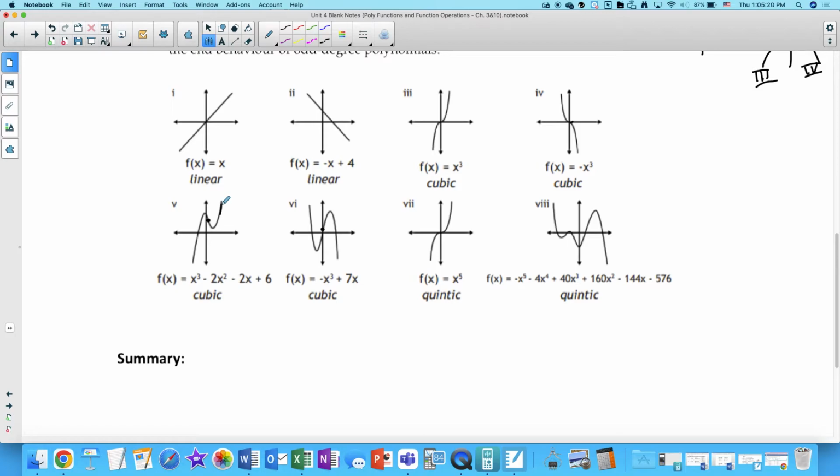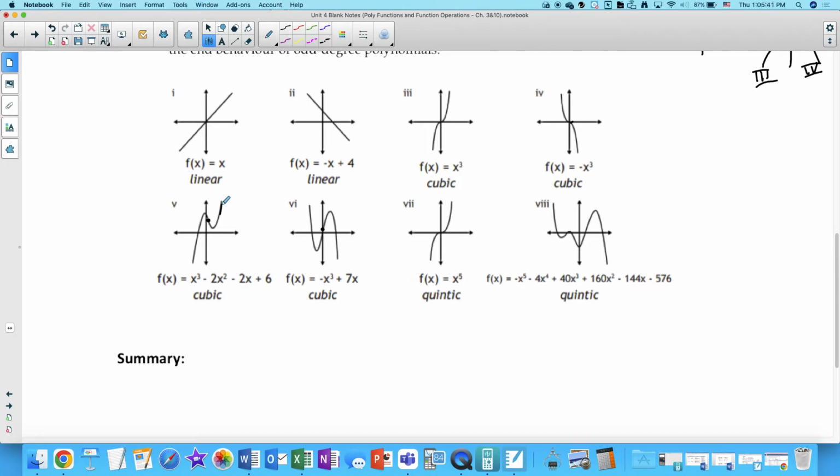Okay, so let's get back to the generalizations. What can we say about, in general, start and end of these types of functions? Yeah, they start and end in opposite directions.